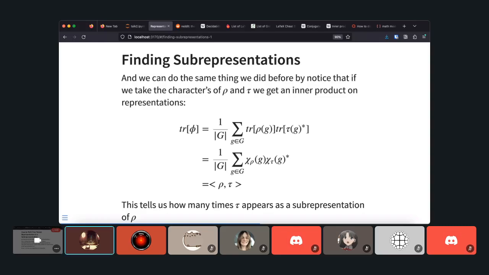In particular, it's great because this tells us how many times tau appears as a subrepresentation of rho, or of rho in tau, because it's symmetric. And this ends up being really cool.